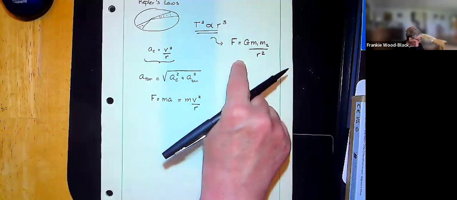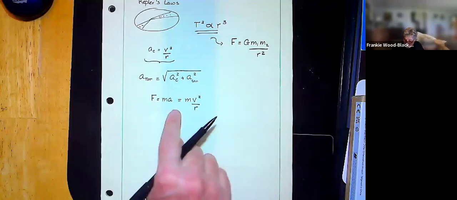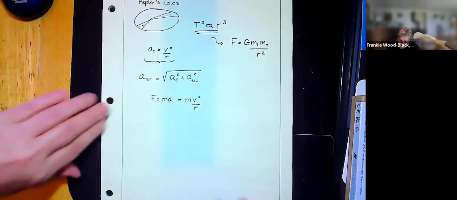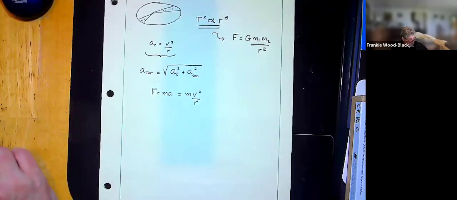So just a reminder, we've actually done problems like this before, bringing in how these things come together. So you've got those problems as well.